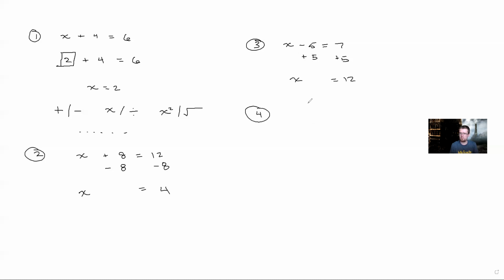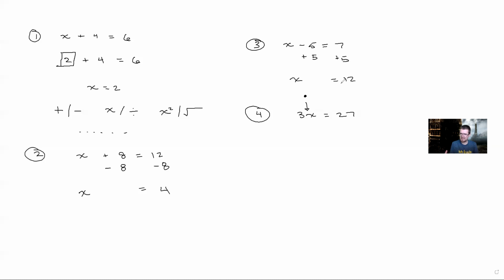If you have multiplication, and this is maybe a little bit trickier, let's say 3x equals 27, okay? Now, usually for algebra, we're not going to distinctly write a multiplication sign, whether it's the dot or an x, we're not going to write that multiplication sign. But if you see a coefficient in front of a variable, the implied operation is multiplication.